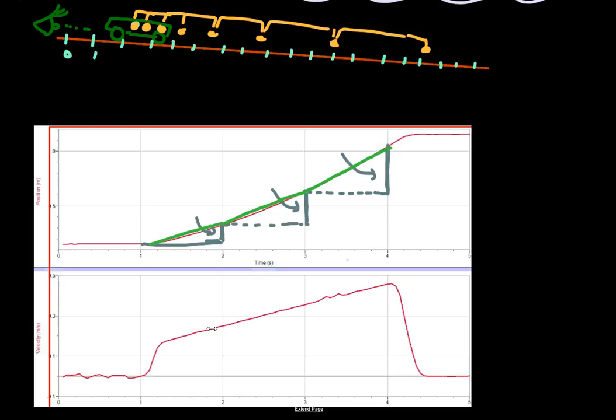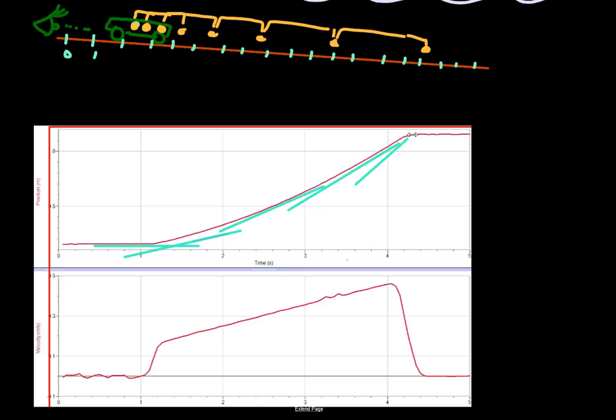Now, is that what this is showing? Sort of, but not really. What this is actually showing is the instantaneous velocities as time goes by. So to get an instantaneous velocity, what you do is you grab a line and you make that line tangent to your graph at a whole bunch of different points.